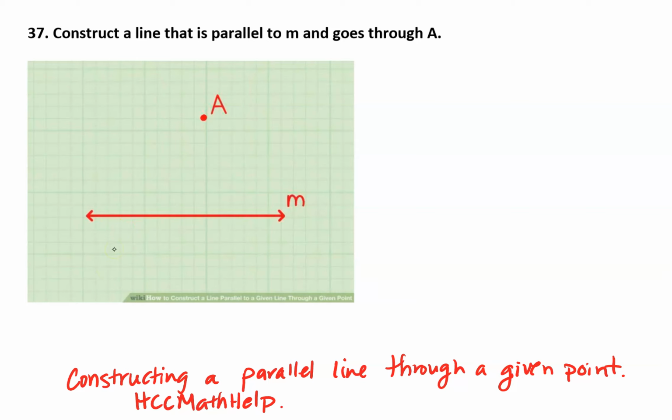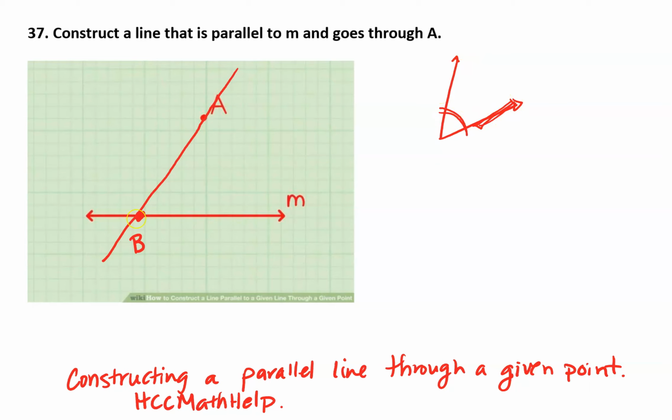But what you do here is you start by putting a point, call it B. You take a ruler and draw a line through there. Then you take a compass, and if you don't remember what a compass is, it has a point on one end, and it has a pencil on the other end, and it can adjust.